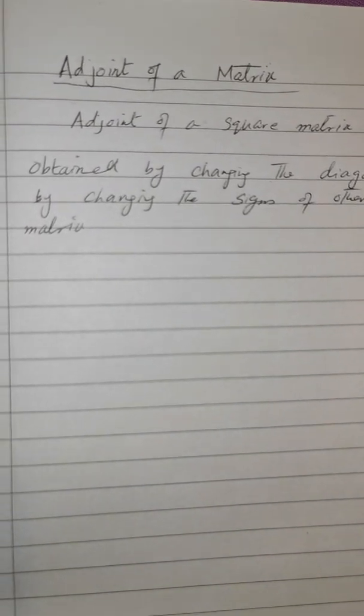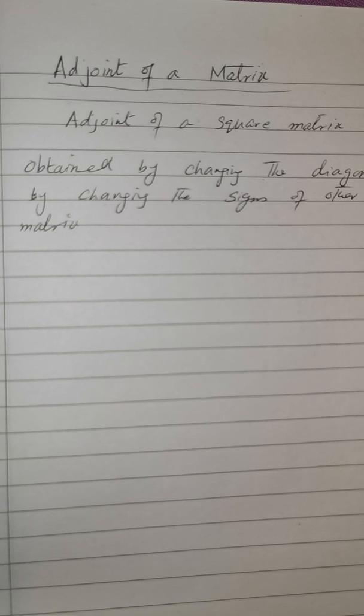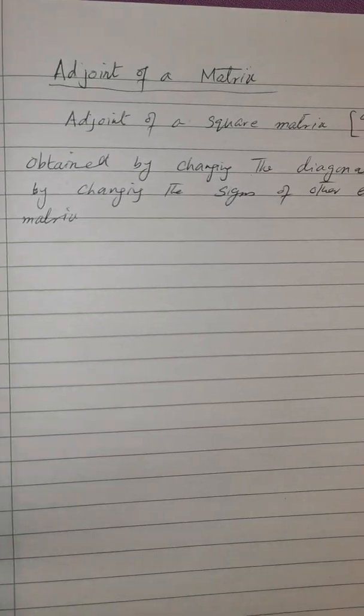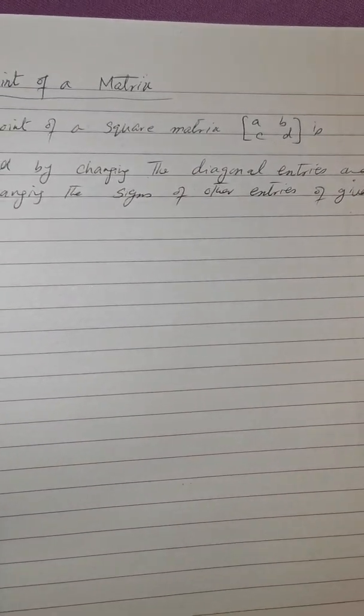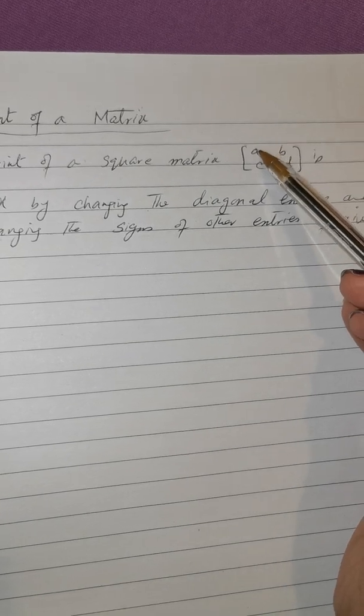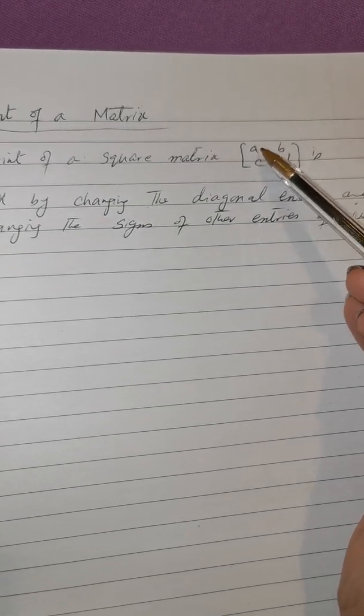Now after we have learnt about singular and non-singular matrices, the next definition is the adjoint of a matrix. Now what is the adjoint of a matrix? The adjoint of a square matrix a, b, c, d is obtained by changing the diagonal entries.